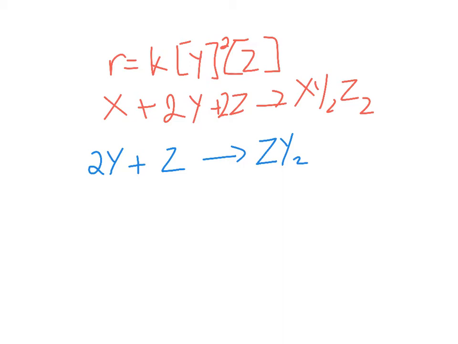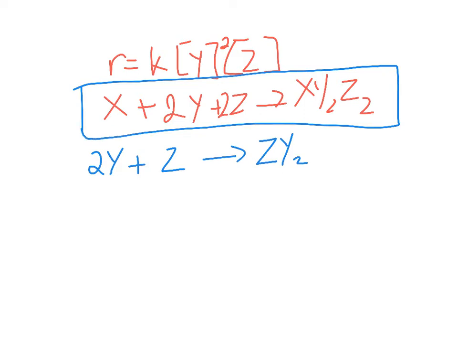What's going to happen is that reaction intermediate is going to have to come up on the reactant side somewhere. So what else do we need from here? We've got 2 Y's, that's taken care of.